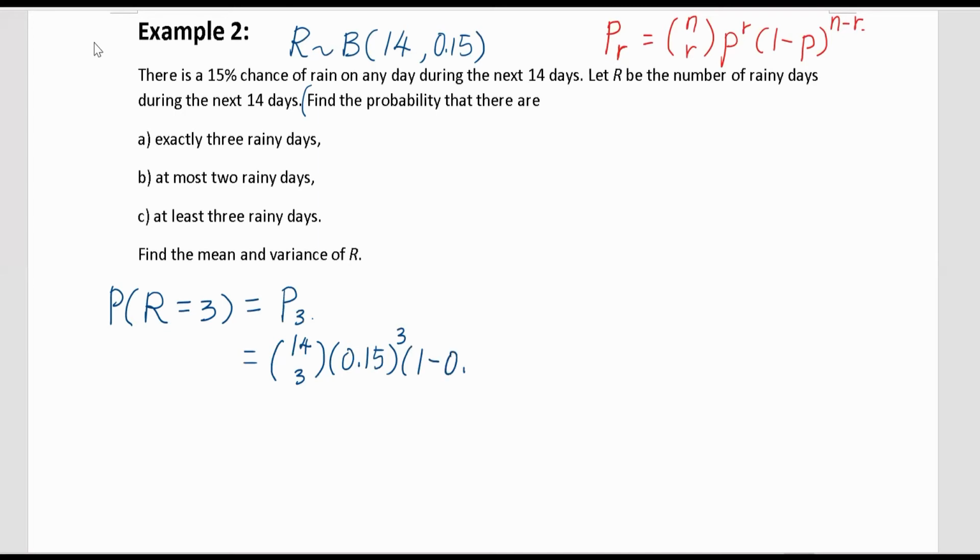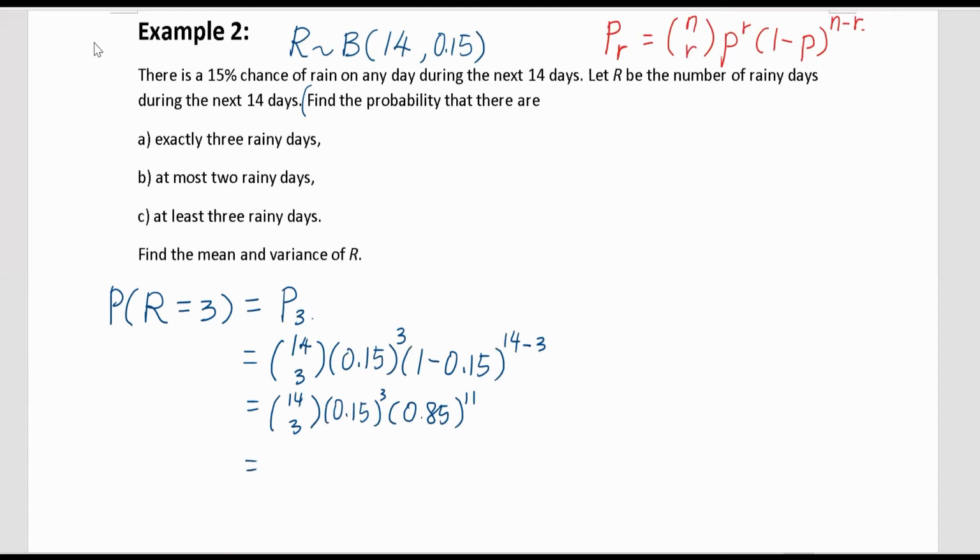Then 1 minus 0.15, to the power of 14 minus 3. So using the formula, you should be able to get the probability. Okay, simplify a little bit, which is 0.85, and then 14 minus 3 is 11.